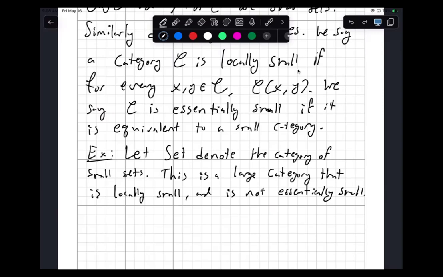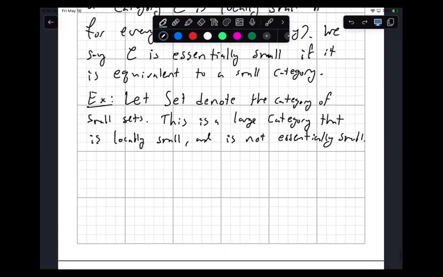One thing you can say is that with Set, if I want to essentialize, I look up to isomorphism. All I care about is the cardinalities of the sets in it. So I can skeletonize and have one set for each cardinality. If it's essentially small, then you could find a skeleton that's small. And that's impossible because there are too many isomorphism classes.